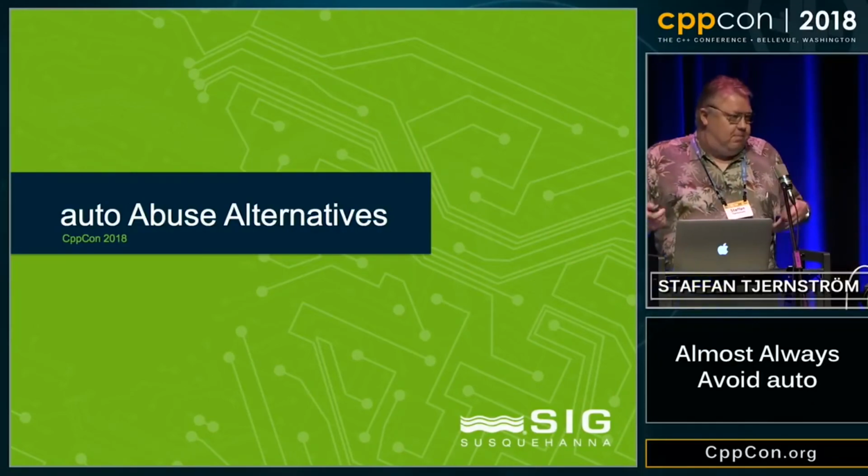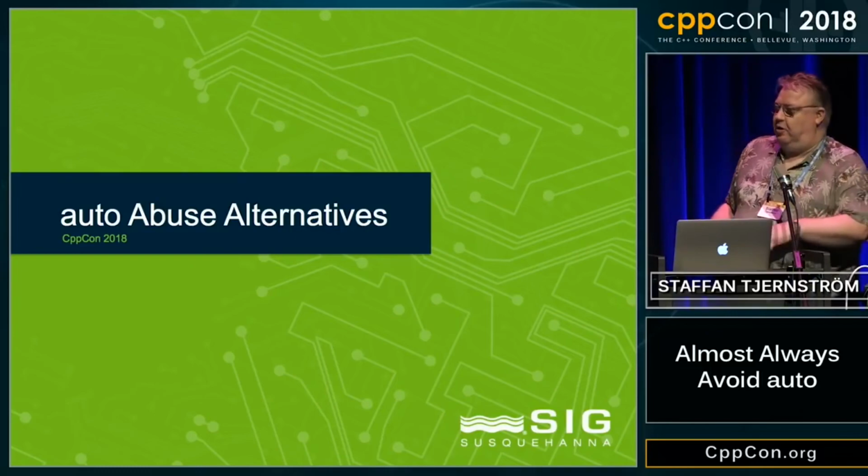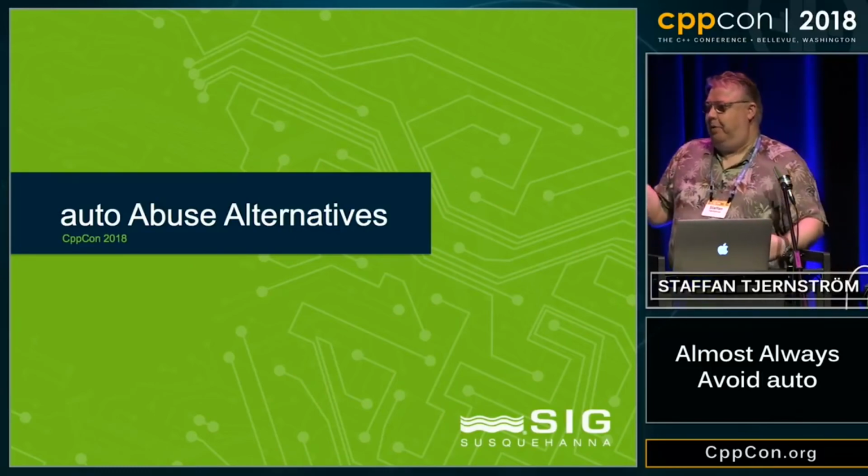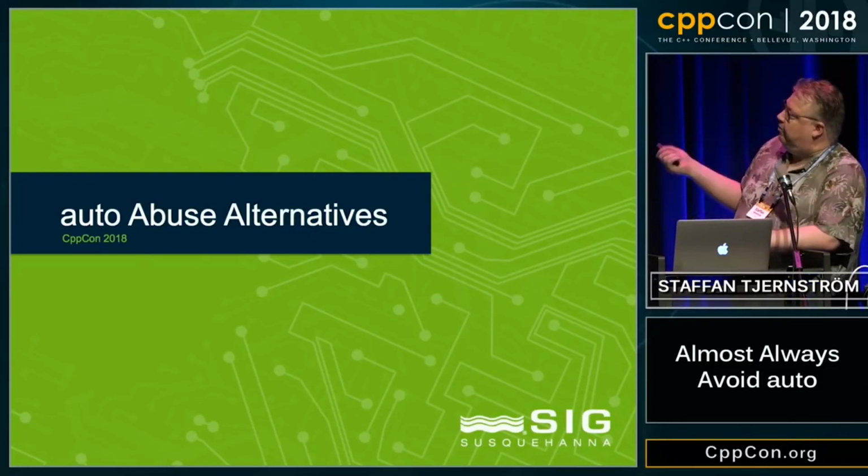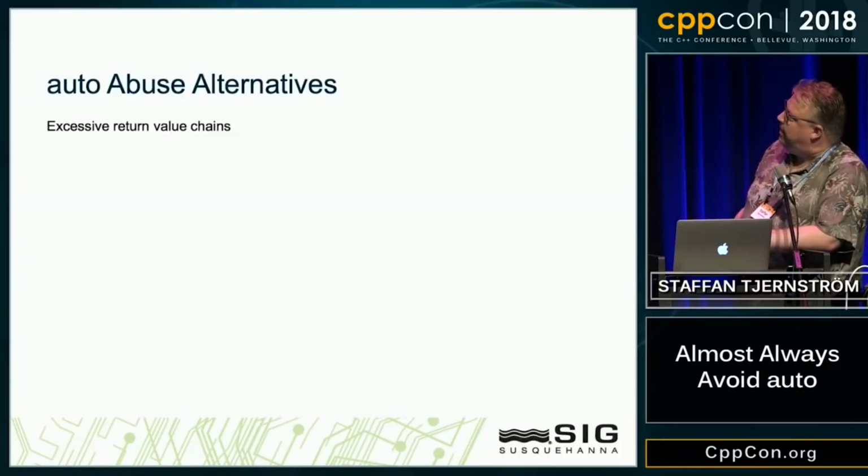So you do what you have to do and basically bring up the autodial modem and dial in and set up a GDB session. And we find that somebody has very nicely produced a totally excessive return value chain.